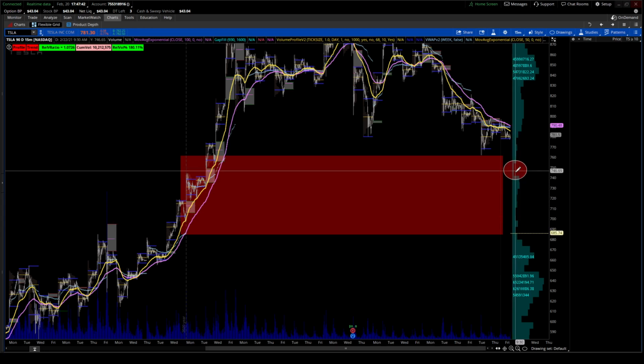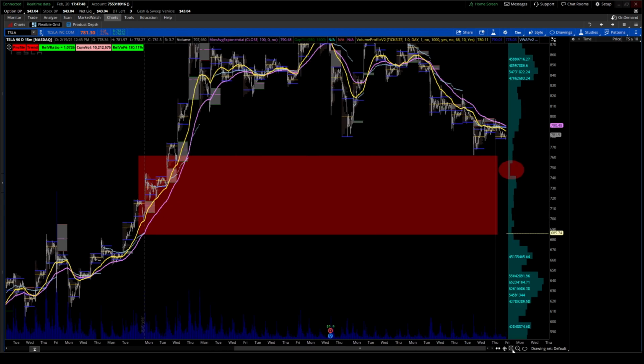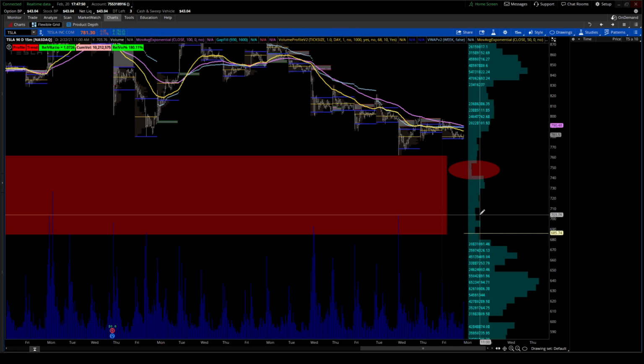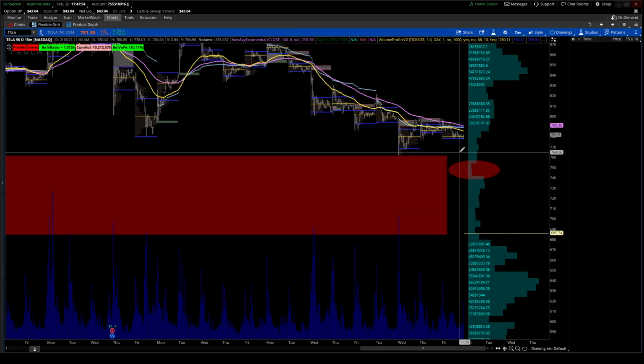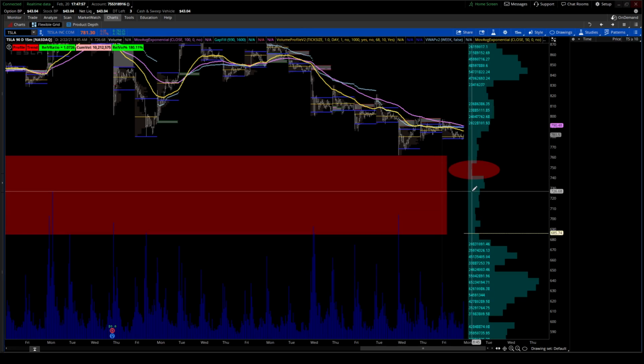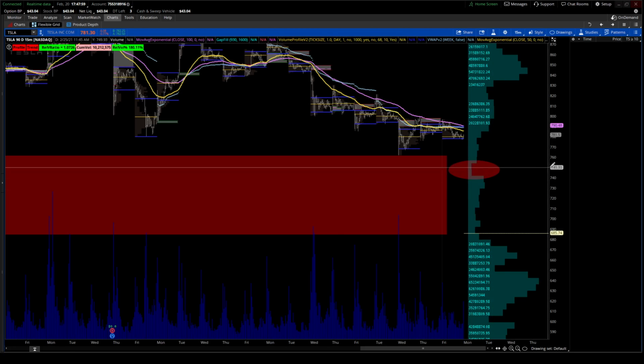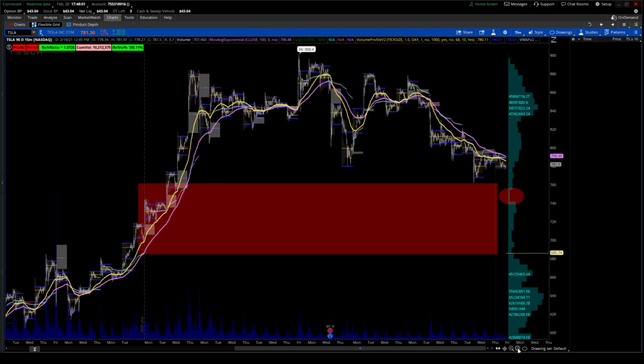Testing these single prints or these thin profiles, to frankly assess whether the folks who bid up this price, the institutional investors who did so, are they still there, or have they also changed their view of Tesla to have maybe a lower value?